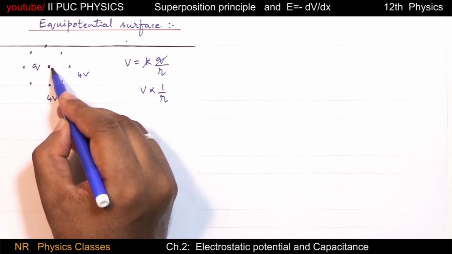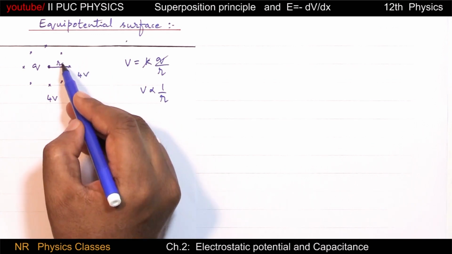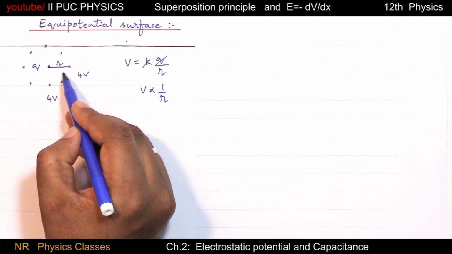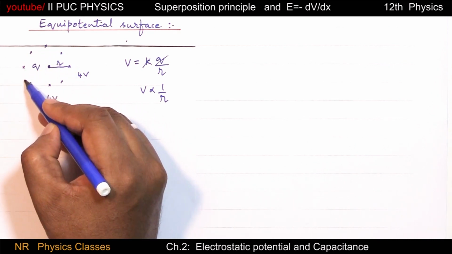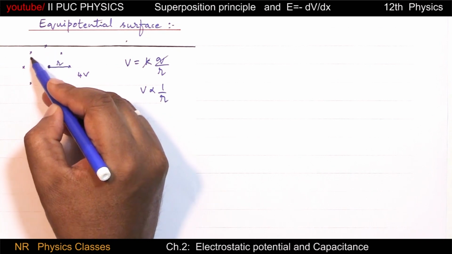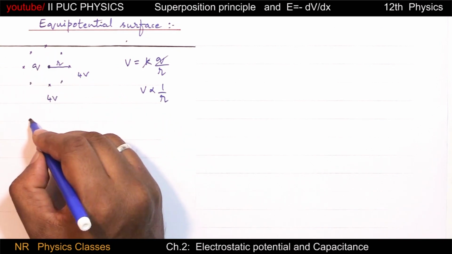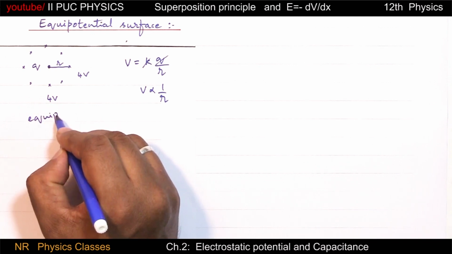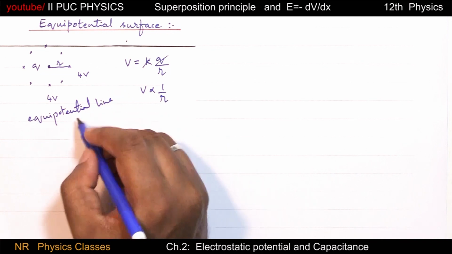So if you carefully observe, we are trying to keep R constant. We are trying to keep R constant, which means the locus of points which are equidistant from a point forms a circle. So in this case, the equipotential line is a circle.